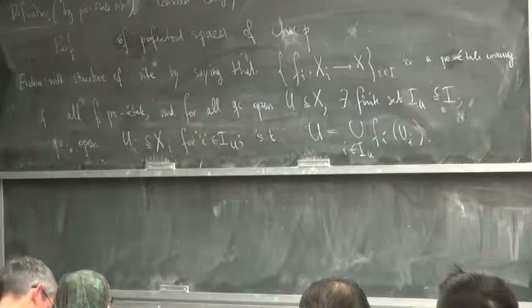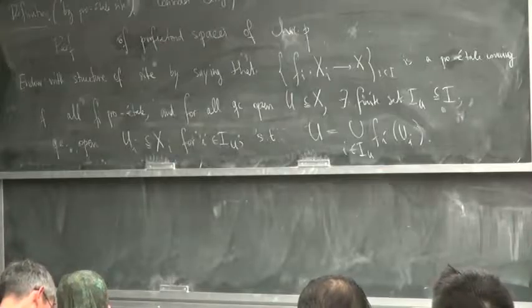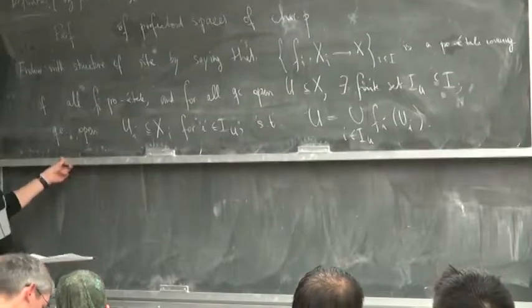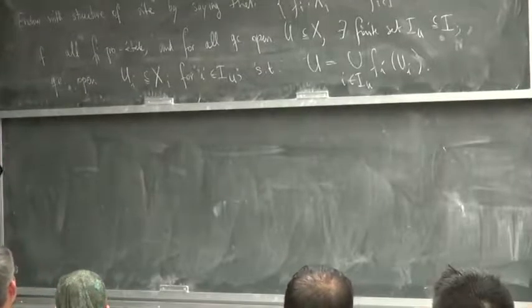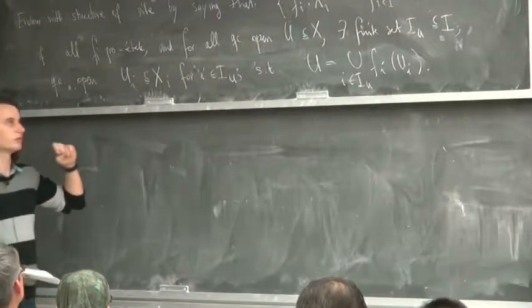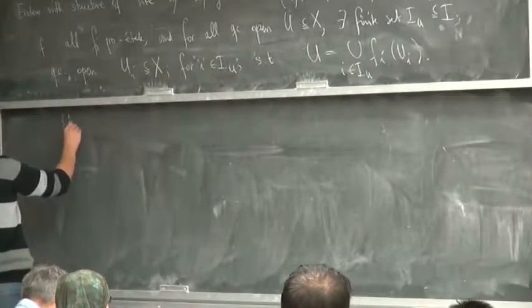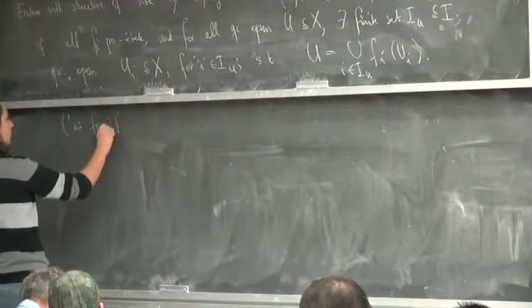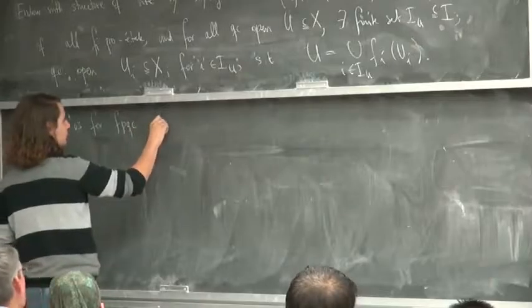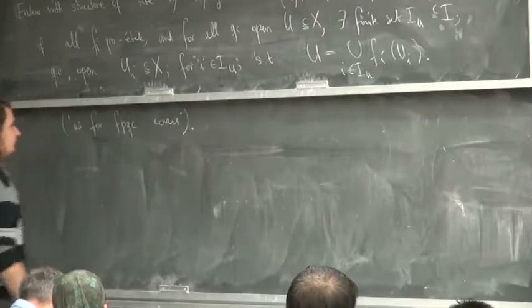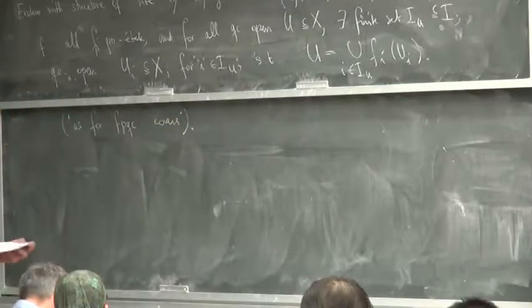So this was the bit that was automatic with the old, with the weaker definition, because maps are open, and then you can use quasi-compactness to get this. Just saying, this bit of technicality is the same as for fpqc covers.